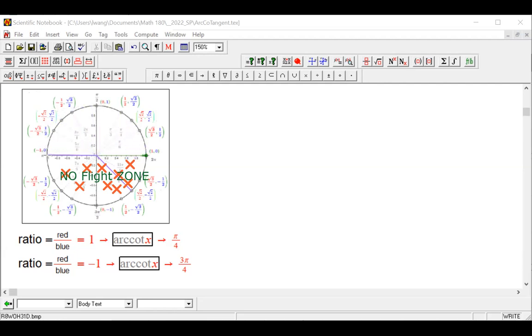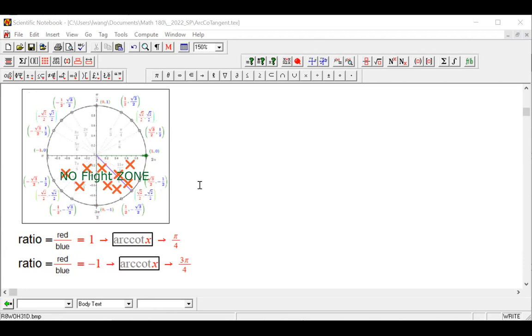Only counterclockwise, no clockwise measurement. So you cannot go that way. You can only go counterclockwise. And let's see, what do we get? Okay, we know it cannot be 0, right? 0 cannot be in the domain.